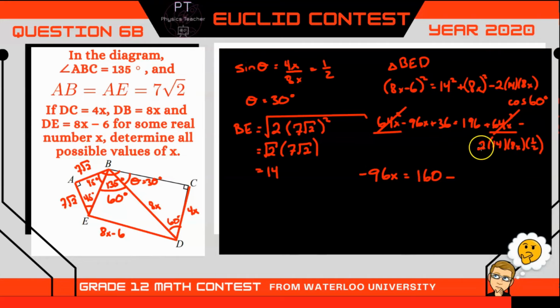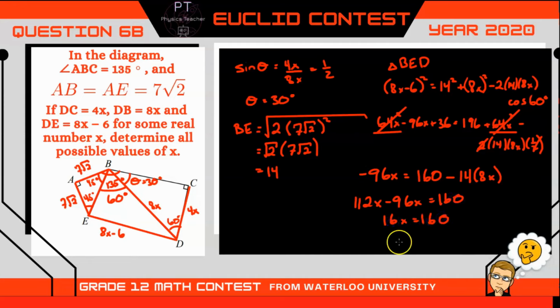Here I have 2 times 14 times a half. Well, the 2 and the half will cancel, and I get 14 times 8x. This is 112. So I bring that to the other side, and I get 112x minus 96x is equal to 160, or 16x is 160. So the only possible value for x then is 10.